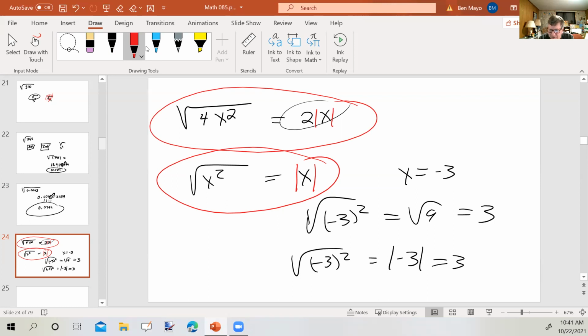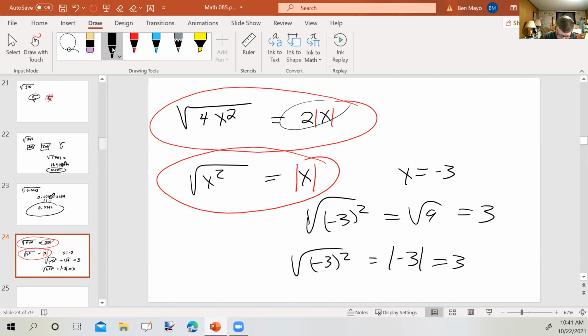That way, if x is negative, we still get a positive answer. Or if x is 0, we still get 0 as an answer. But this is to protect us from having a negative answer, which we can't have when we take an even root of an expression.